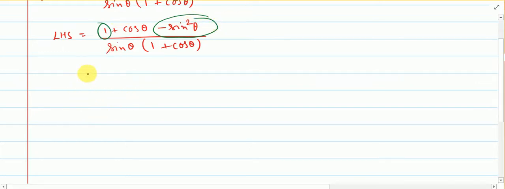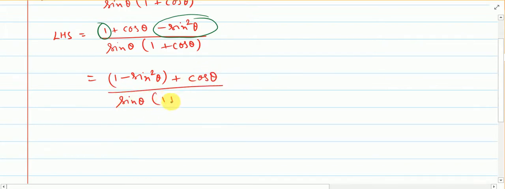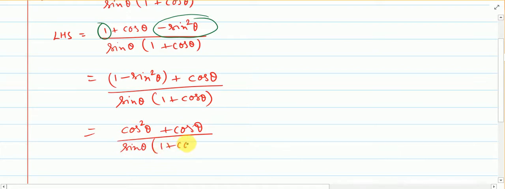In the next step I can write 1 minus sine square theta together, and here plus cos theta, and here sine theta (1 plus cos theta). Now 1 minus sine square theta will be cos square theta, plus cos theta upon sine theta (1 plus cos theta).